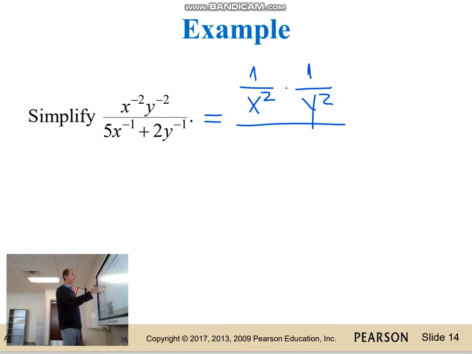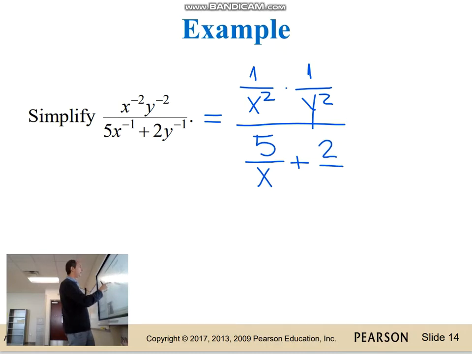And at the bottom, we have 5x negative 1, which is 1 over x, and 2y negative 1, which is 1 over y.